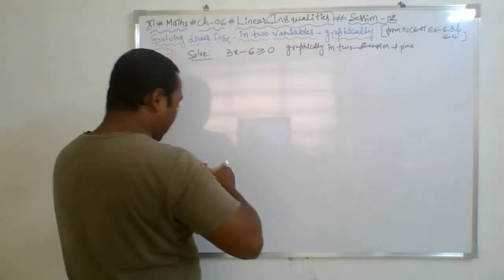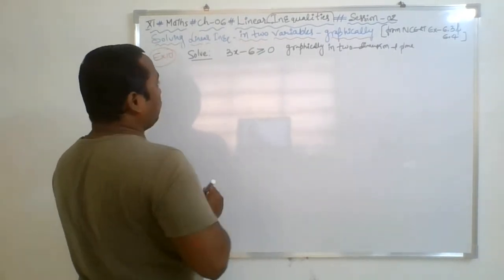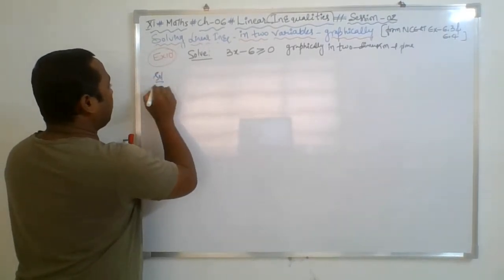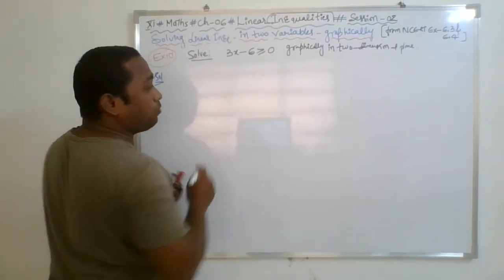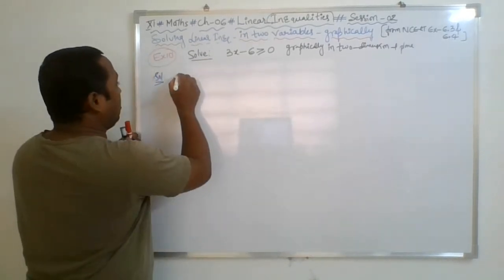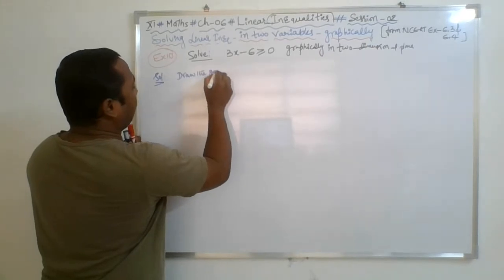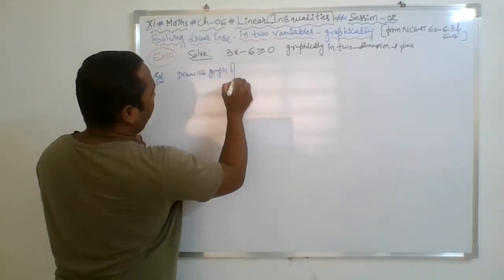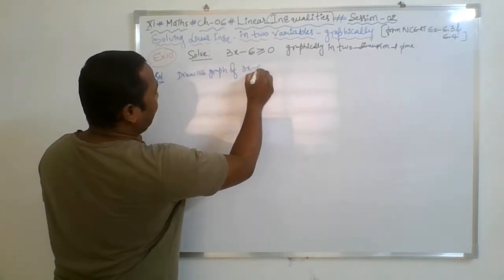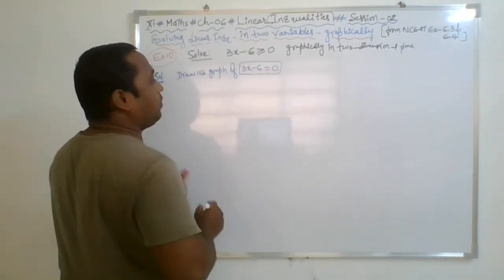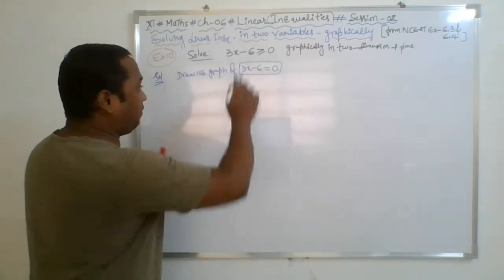So first of all, what we need to do? First, we need to draw the graph of 3x minus 6 equal to 0. Always remember, this is the first and most important statement. This is the equation which we are going to plot on the graph.